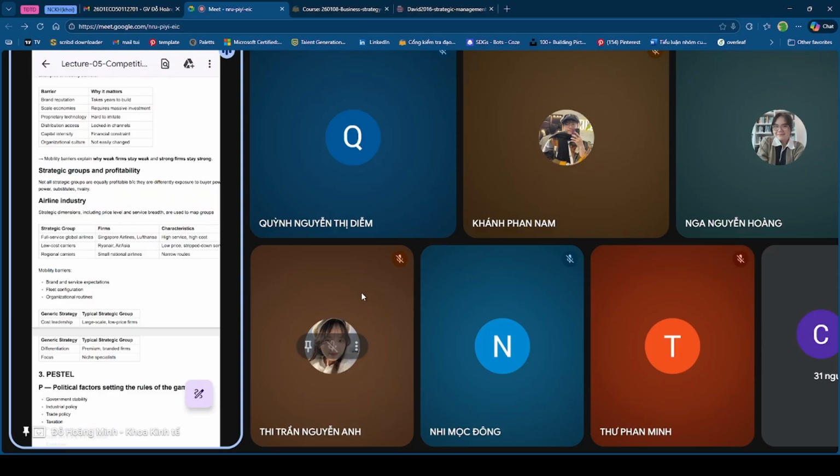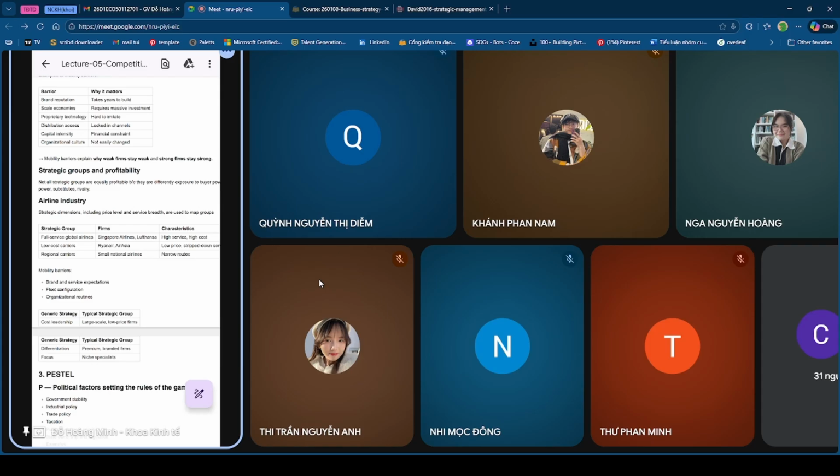Okay, so I can take one example in the airline industry. In the airline industry, you can see we have three groups. The first group is full service global airlines. The second group is the low cost carriers, and the third one is regional carriers. We have three groups.